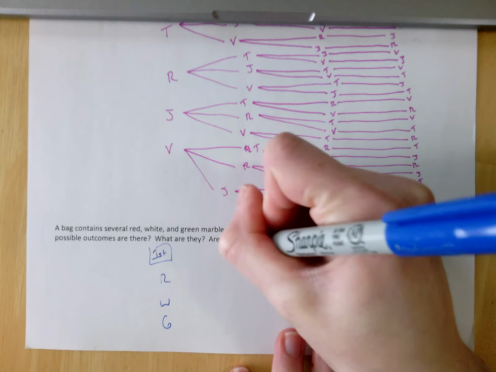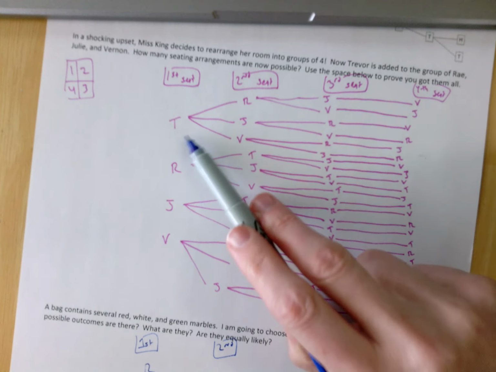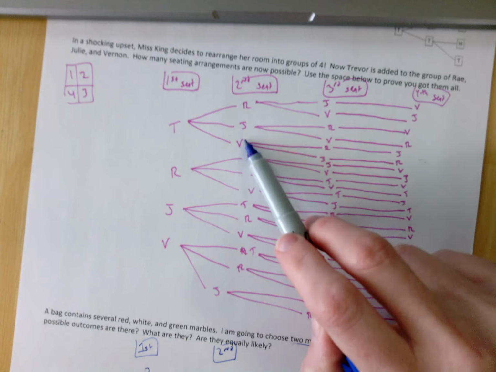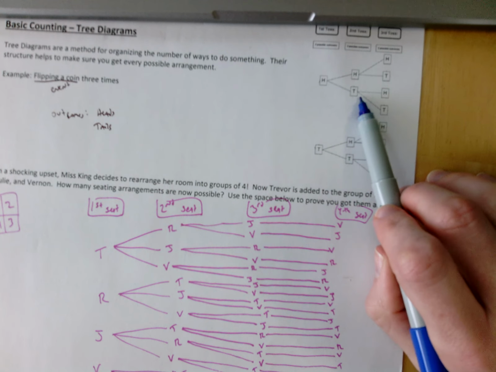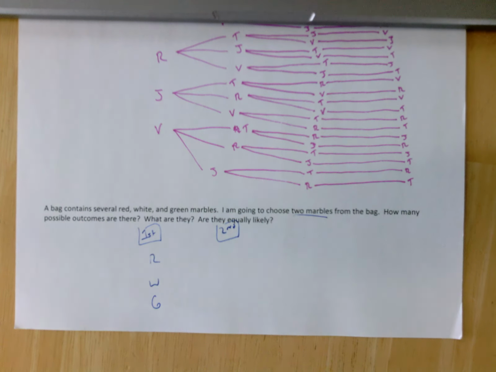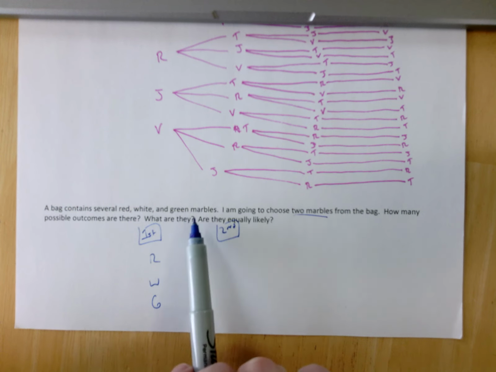When I go to pull the second one, and this is where you need to pay attention, because the question is: is it like this one where once we'd used Trevor, we only have 3 people left? Or is it like this one where after you get heads, you could get heads again? Okay, so you have to really read the question to figure out whether that's the case or not. So this one says that it contains several red, white, and green marbles.